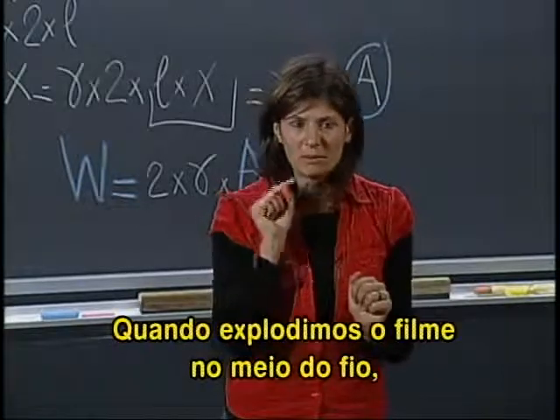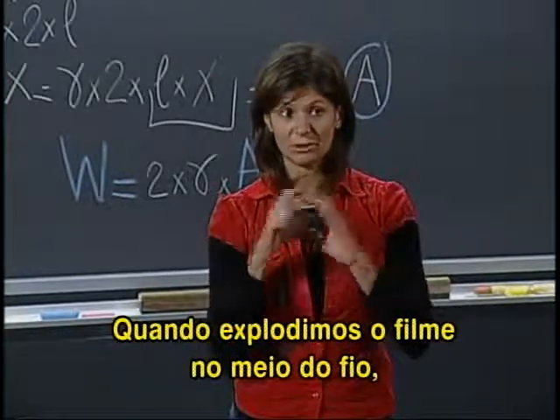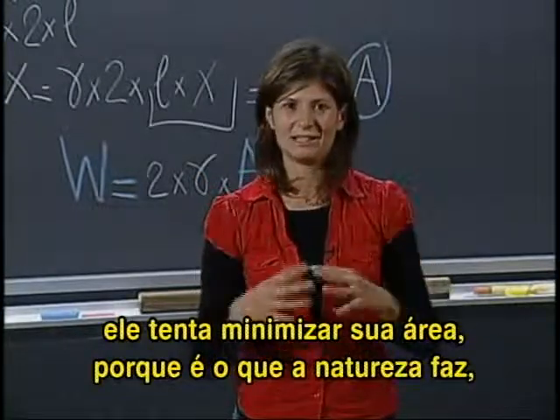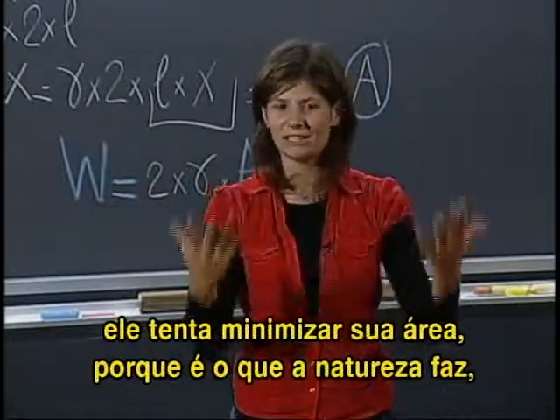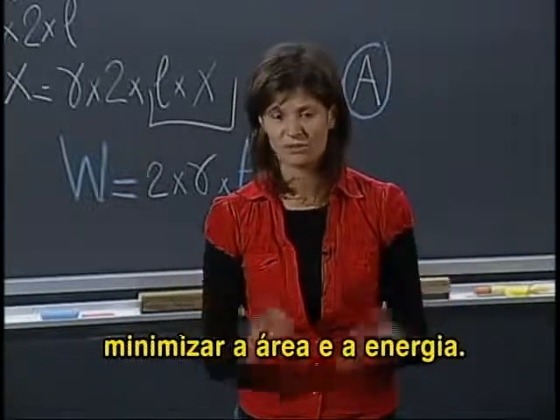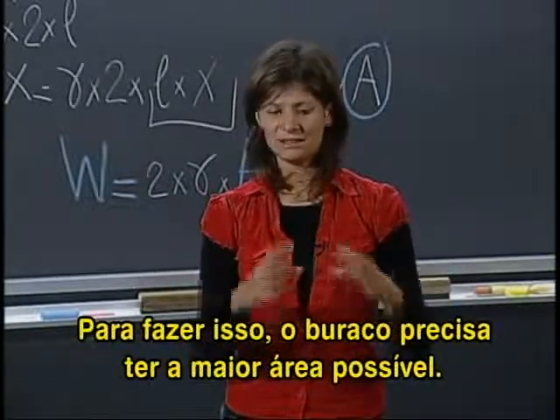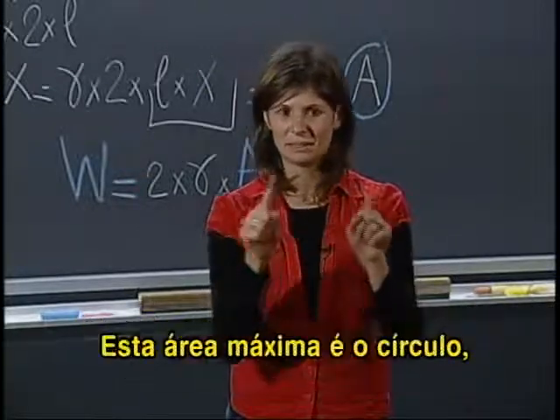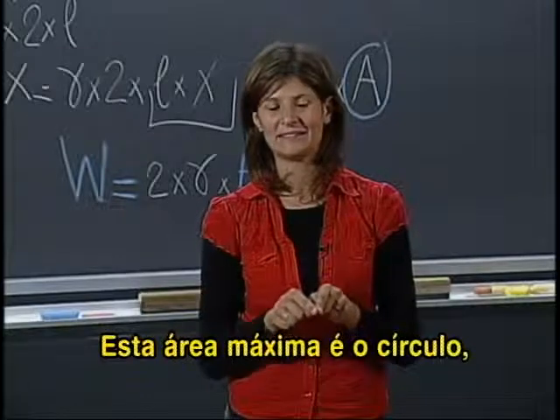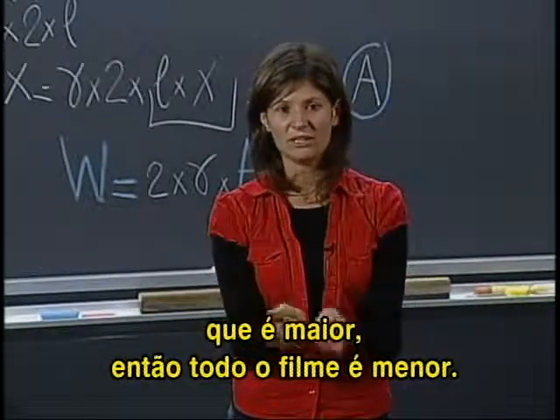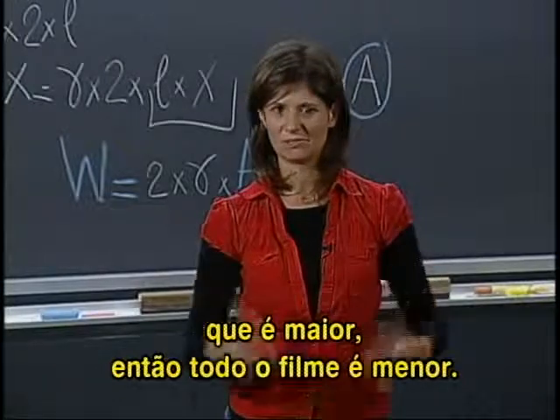So when we make the film pop in the center of the thread, the film wants to minimize its area because this is what naturally it wants to do, minimize the energy. In order to do that, the hole has to take the maximum possible area. This maximum area is the circle. The hole is bigger, then all the film around it is smaller.